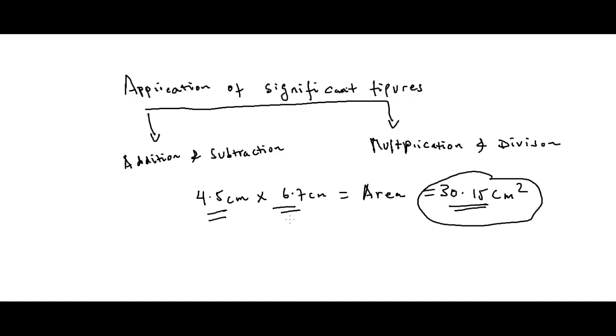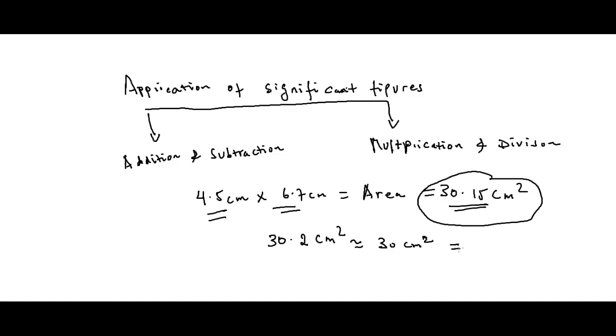So how do we bring 30.15 into two significant figures? That's going to be 30 centimeter square. But technically, if you put 30 centimeter square, someone might say the zero might not be a part of measurement.